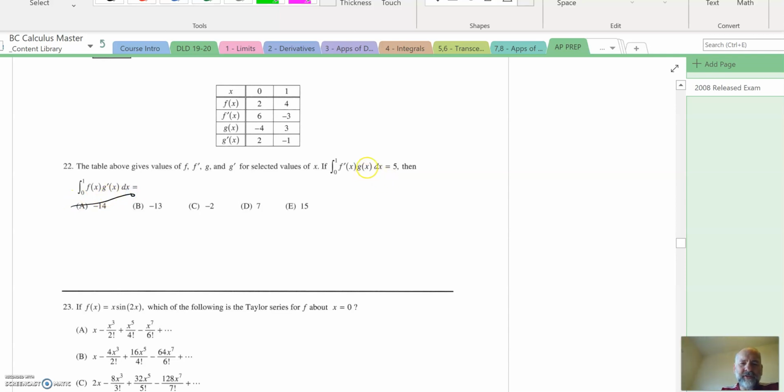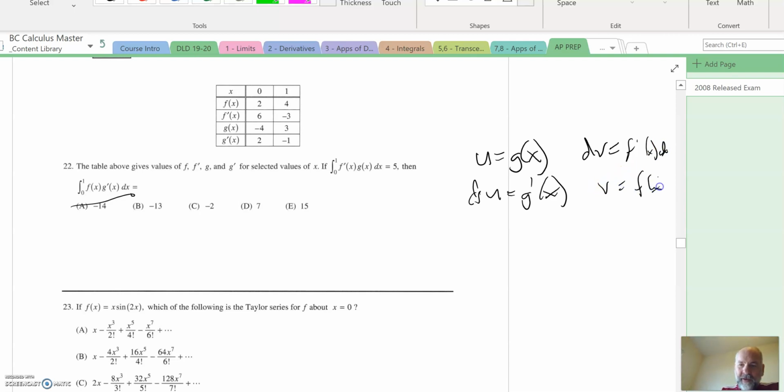So I don't want to integrate g. I want to integrate g prime. So we're going to call u equal to g of x. And so du is going to be g prime of x. And then maybe there's a better way to do this, but this is the way I came up with. dv is f prime of x dx. So v is f of x.